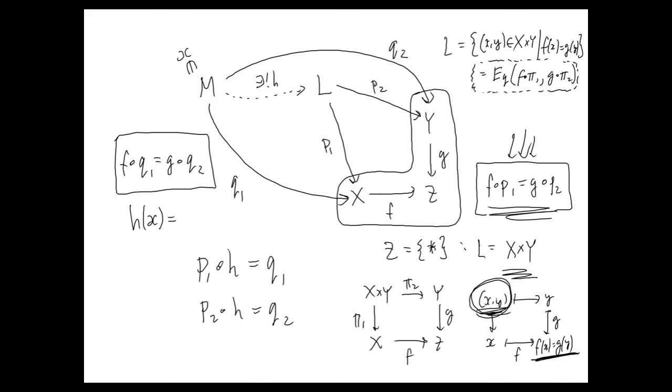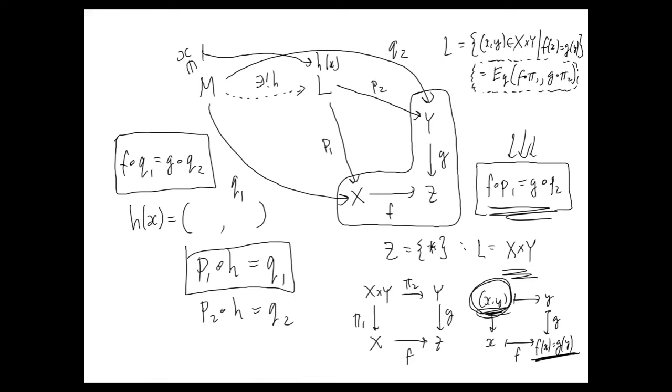Well, L is a set of ordered pairs, right? Not all of them, some of them, but the elements of L are ordered pairs, so H of X needs to be an ordered pair. Once I map X here, whatever this H of X is, if I then apply P1 to it, this equation gets invoked. It must be the same.